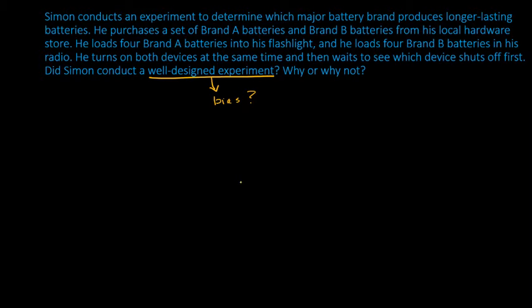Is there something here that's uneven, unfair? Is there a lurking variable? Is there bias? Okay. So in this case, let's take a look. Let's make sure everything matches up with his experiment. He purchased a set of brand A and brand B batteries, so they're both new, right? So that's good. He loads 4 brand A into his flashlight, 4 brand B into his radio, so he used 4 each time. But then the devices, one is a flashlight and one is a radio.